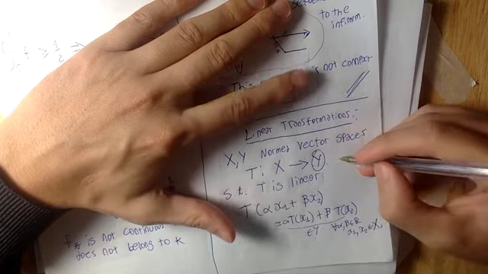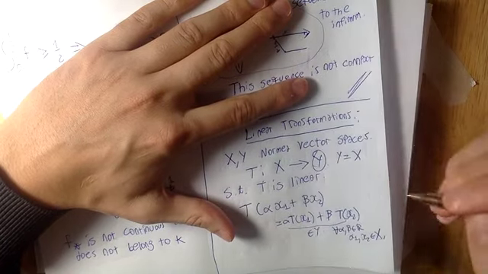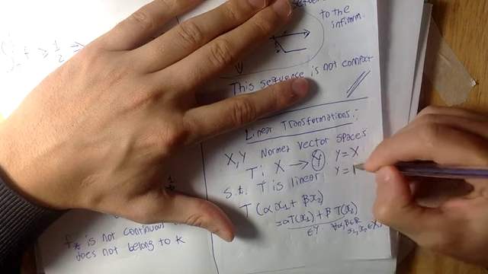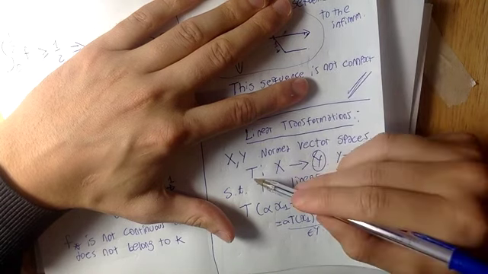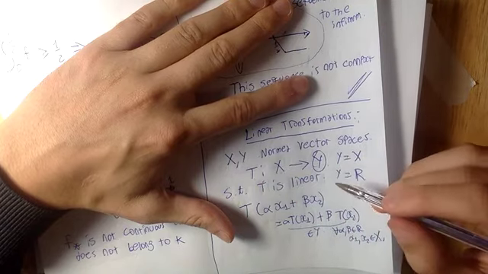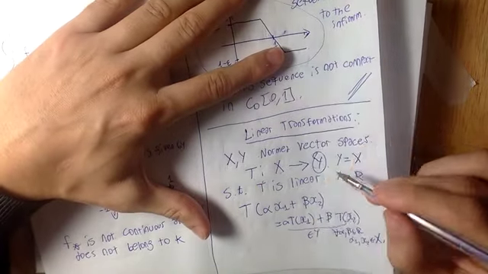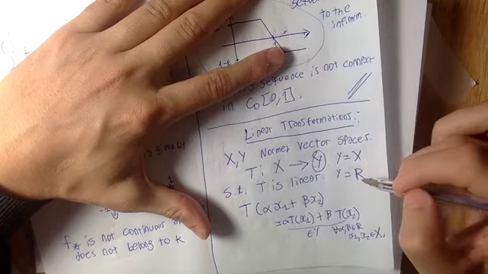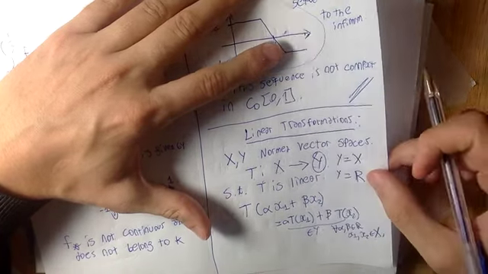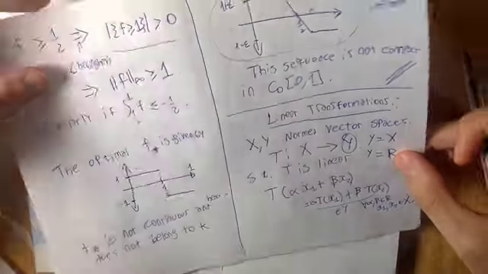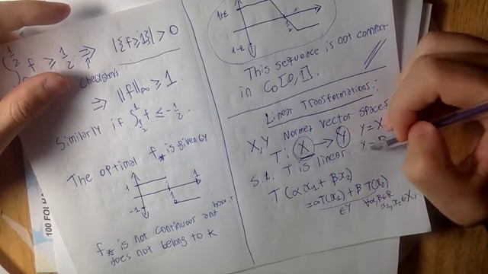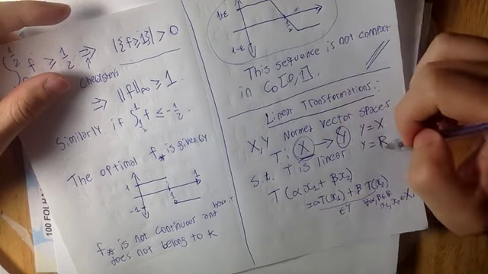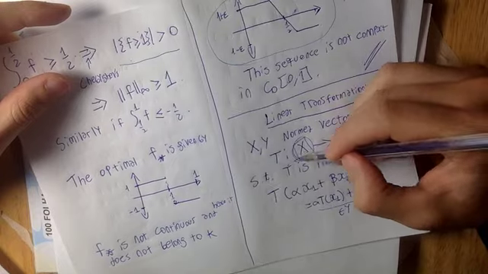We are going to usually choose Y to be equal to X itself, or Y to be equal to R. These are the linear transformations going from the same space to the same space, or the linear transformations going from X to R, which are called linear functionals, and those have a structure that is related to the structure in X. Knowing something about the linear functionals going from X to R will tell us a lot about X itself, and that's something we're going to study later on.